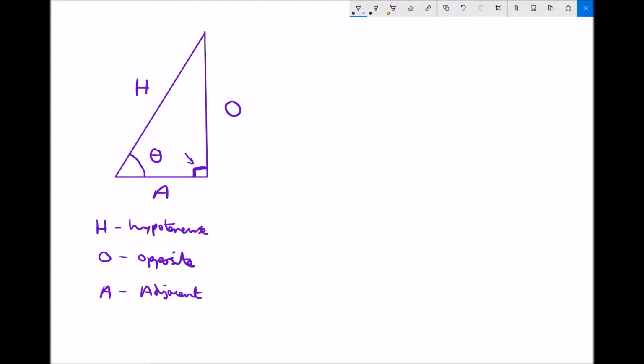Now once our triangle's labelled, we can then introduce the equations for trigonometry, and there's only 3 to remember. And the way to remember them is by remembering Sohcahtoa. I'll just write this out. Sohcahtoa. So represents sine, where sine theta equals opposite over hypotenuse.